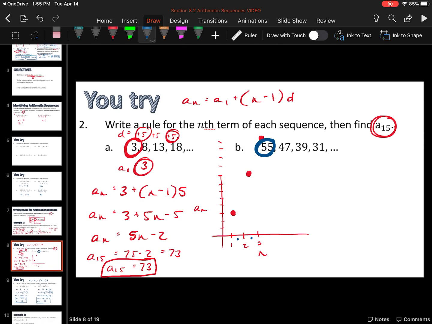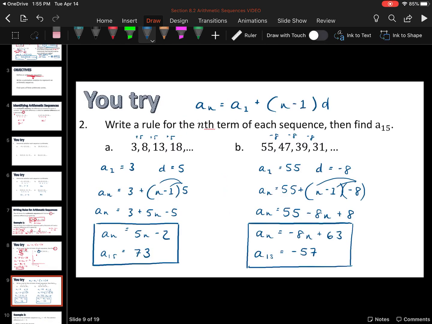I will go ahead and show you what the answer should look like. If you got a sub n is equal to negative 8n plus 63, then you did it right. What you should have found was your first term is 55. Your common difference was negative 8 because you were going down 8.